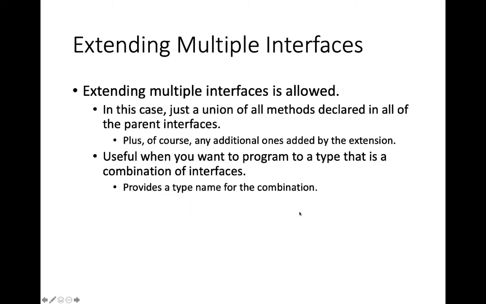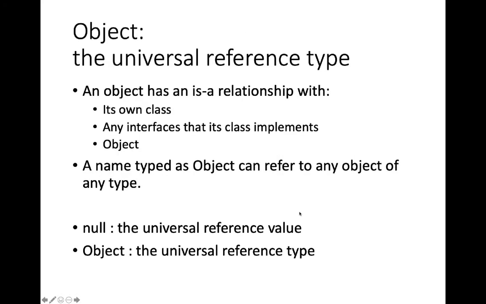All right. One last thing before we get on to list, and that is the type Object, right? There is a special class called Object with a big O that is the universal reference type. An object, with a small o, like any given object, has an is-a relationship with, one, its own class.